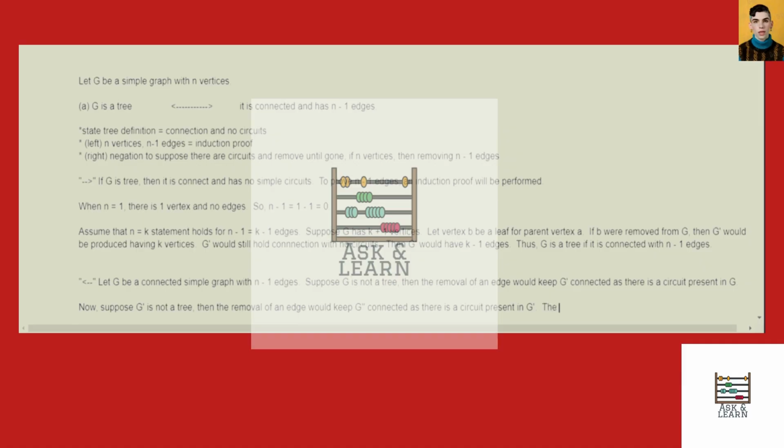So this process would continue until a connected graph is obtained with no circuits.